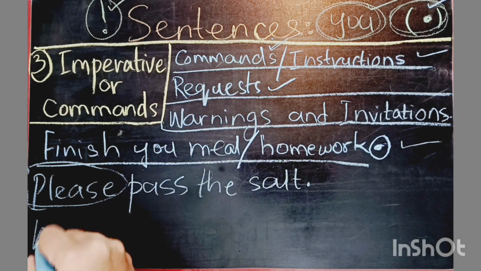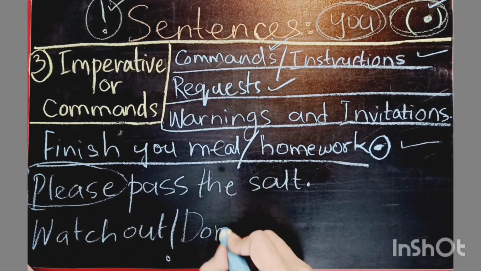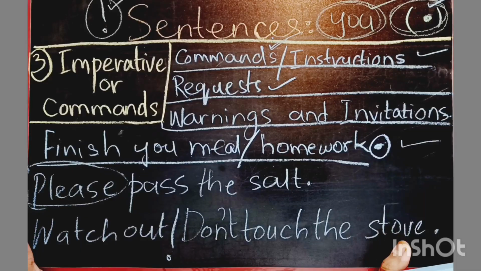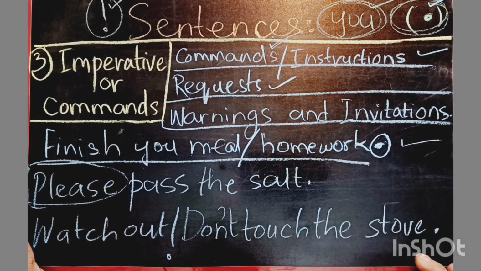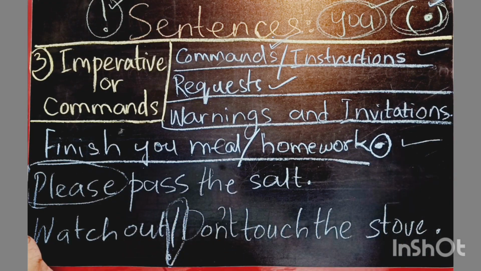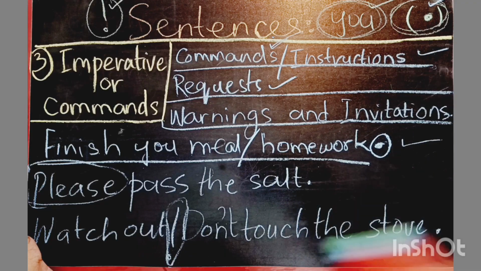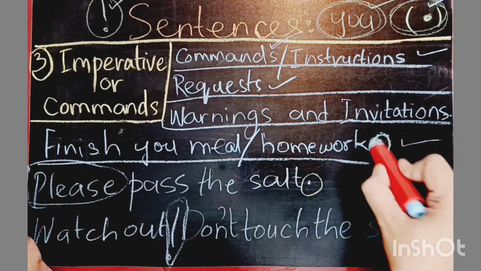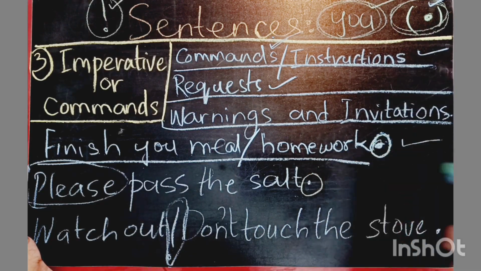Warning, watch out, don't touch the stove, it is hot! Okay, that's why I have used an exclamation mark in this sentence. So far we were using the full stop in these two sentences.